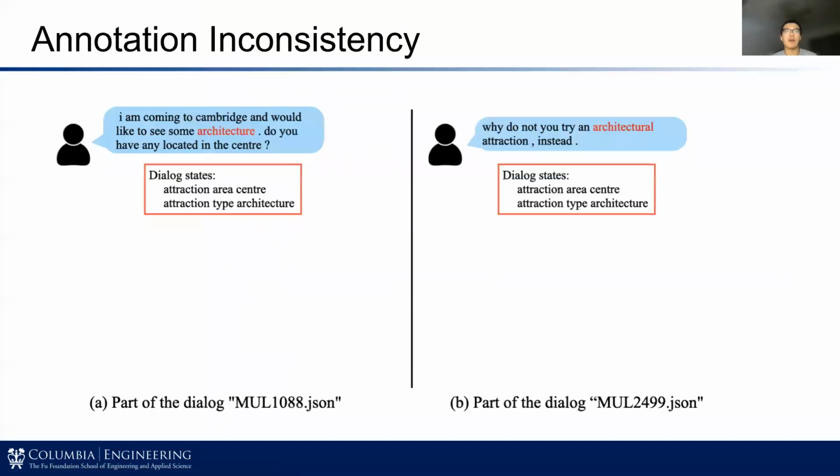For example, in this case, in both dialogues, the user is asking for a tourist attraction that should be in the central area of the city, which is included in the previous turn and not in this part, and should be of the type architecture. The contexts are quite similar, and the annotations at this turn are exactly the same, just the area centre and the type architecture.